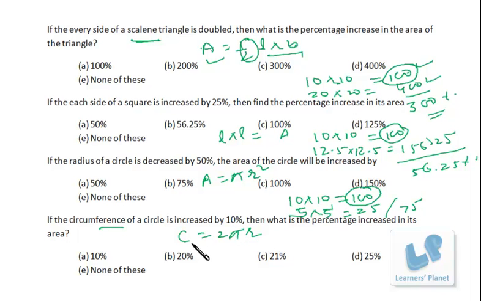So, if radius is increasing by 10%, we can calculate the increase in area. Further, 10 into 10, because the formula will be same. So it's initial area. Now 11 into 11, that is 10% increase in radius. That comes to 121. So it's 21% increase in area.